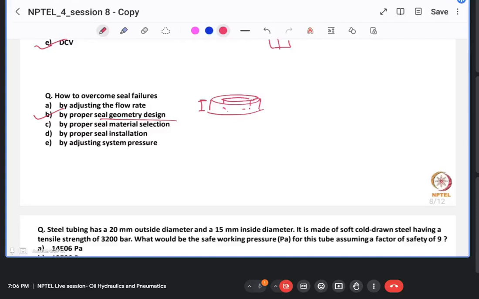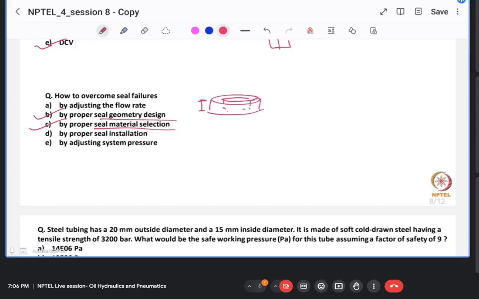By proper seal material selection, yes. What type of fluid or application is there? What is the fluid against which you're providing the sealing? The hydraulic fluid can be corrosive, it can be operating at a higher temperature or pressure.